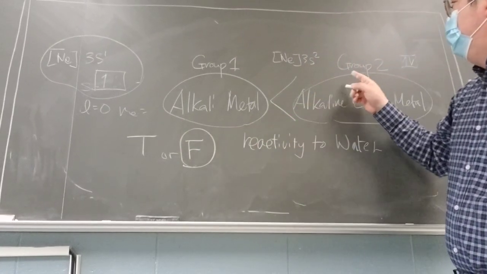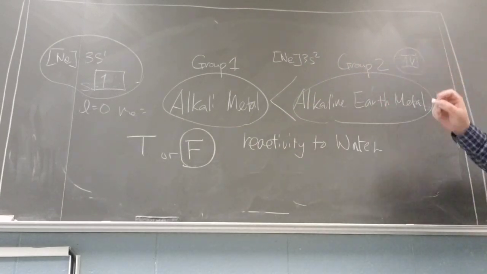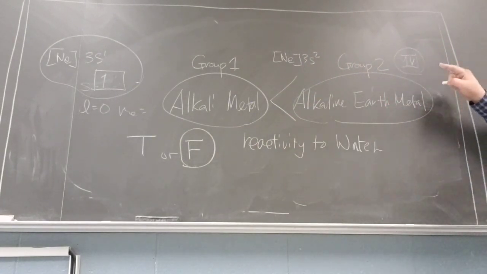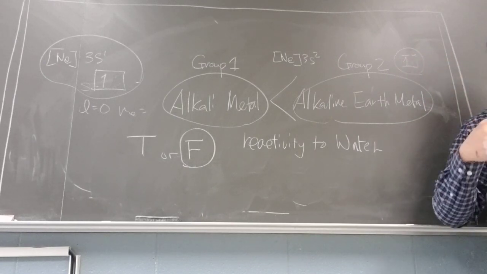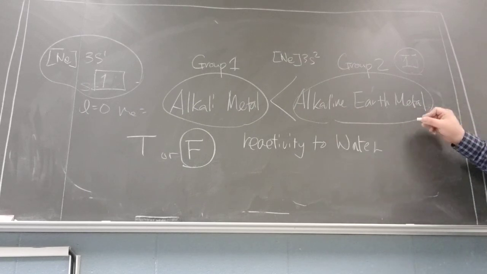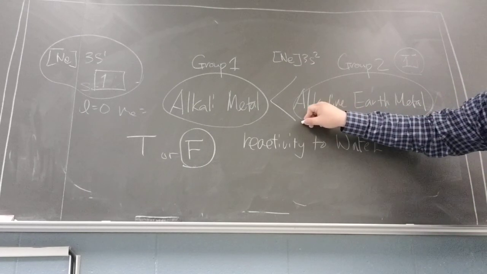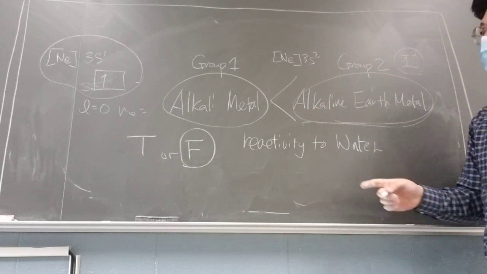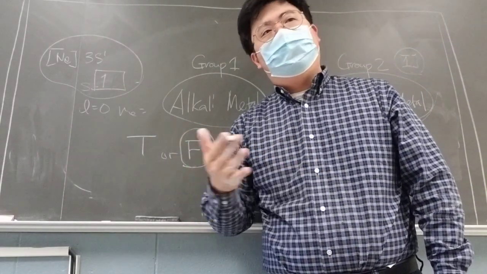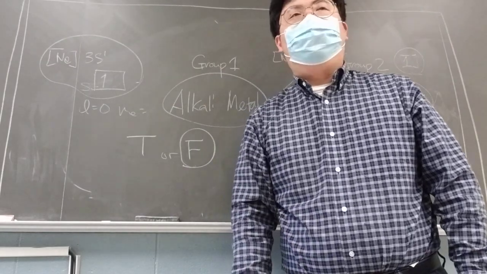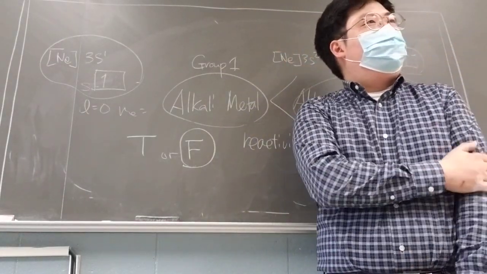But this one is already quite stable, not so much. Once they do the first ionization, they become really unstable, and then they react. So this is only somewhat reactive to water as you go down the column, but alkali metals, yes. Except hydrogen, they explode with water. Makes sense, right?